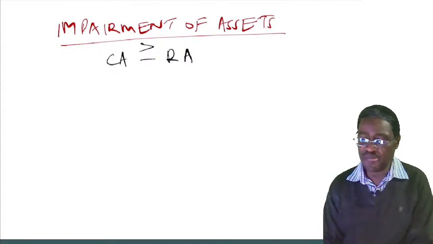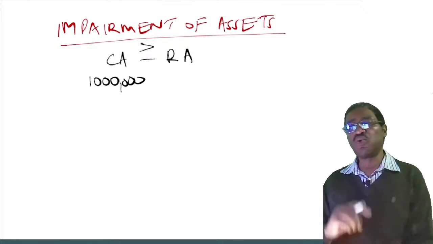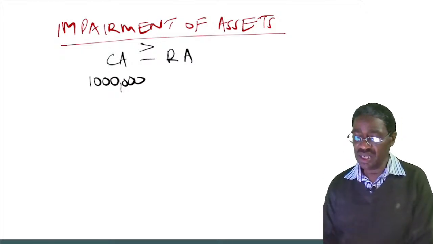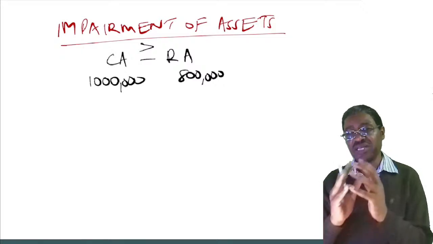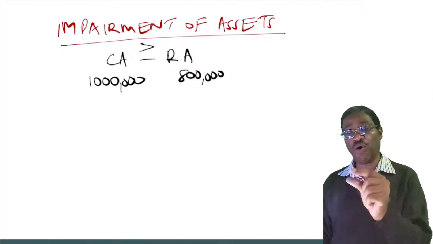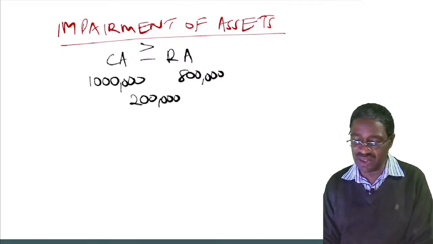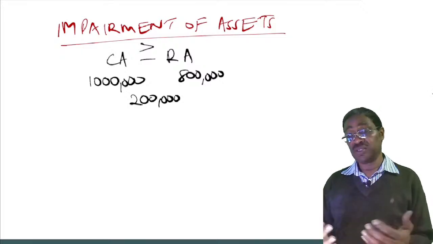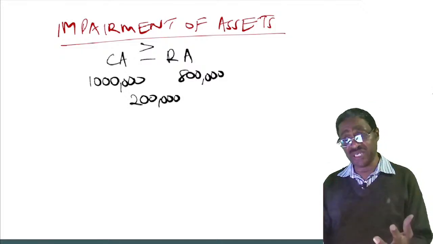For example, if the carrying amount of your asset is 1 million and you calculate the recoverable amount and find it's 800,000, then that asset has suffered an impairment loss of 200, so it should be reduced in value by that 200. You debit the P&L account with the 200, it's a loss, and you credit the asset.